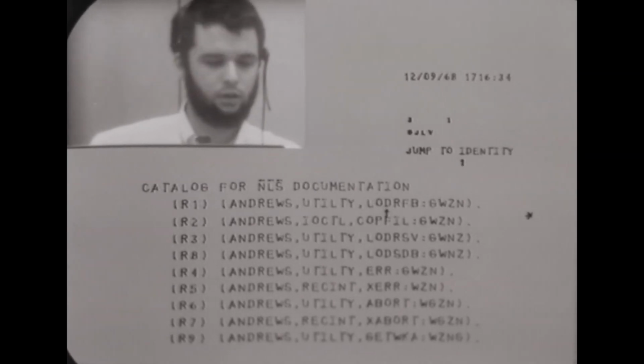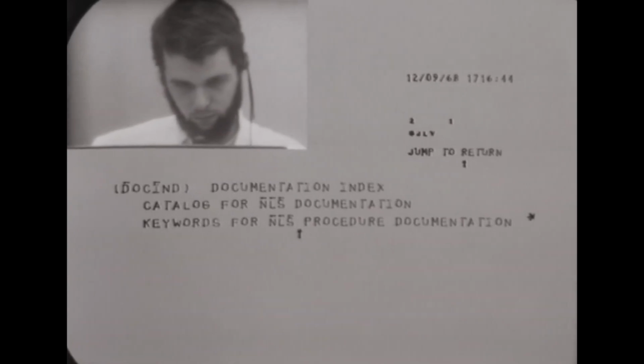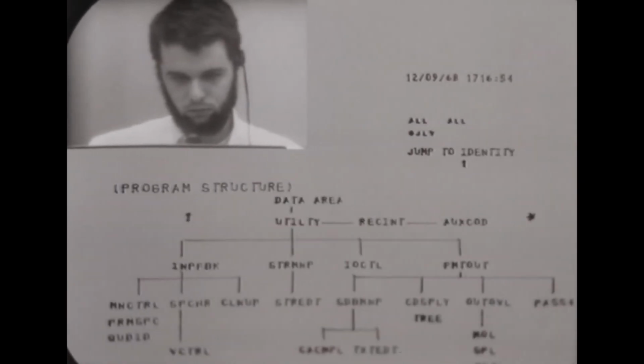The catalog is just a long list that goes off the screen that contains links off to the various items in the documentation. There's actually an entry here for each procedure in the system. Hey, this is the same file that Jeff was looking at, isn't it? Right. System guide for programmers to find things in. There's your same picture.